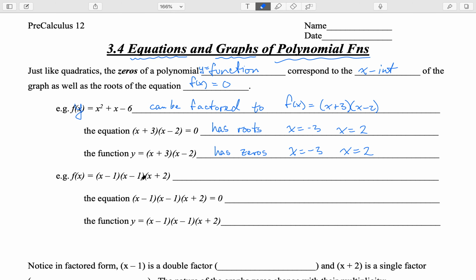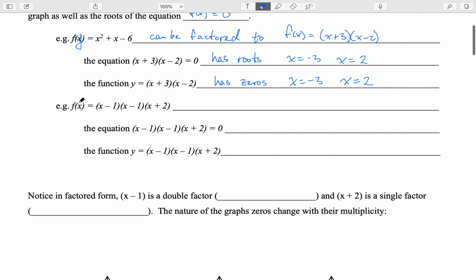In the same way, you've got this polynomial. This one's already factored, which is fantastic. This is the factored form. If we expanded it all out, it would start with an x cubed.